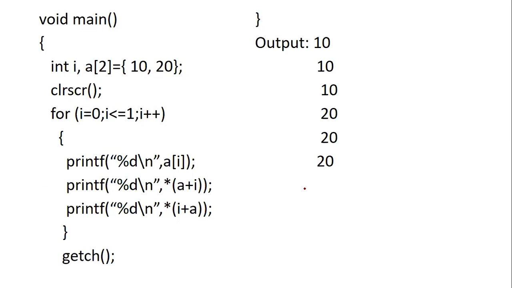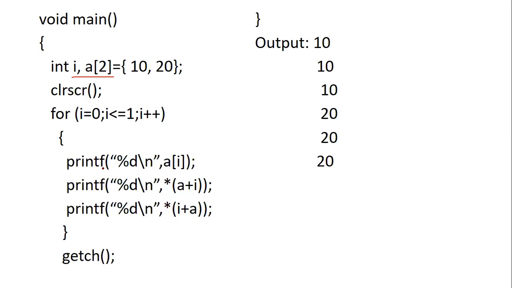So this is another example. Now here, as you can see, we are taking two variables. One is a variable I, another is an array of size 2, which contains elements 10 and 20. Then in the next line, we have a for loop, which will print the two elements. We are taking the for loop from 0 up to 1.